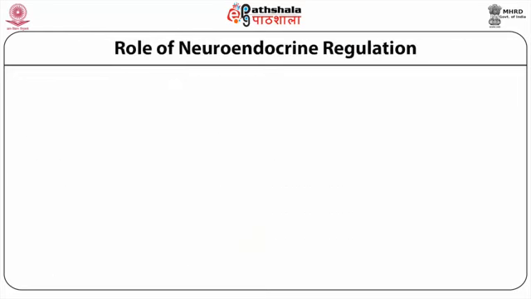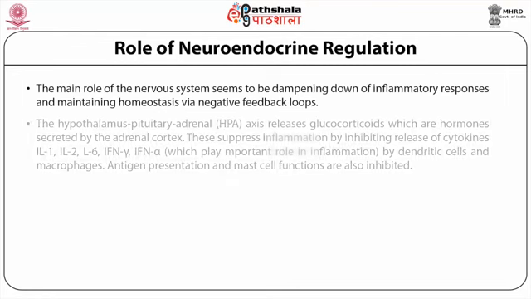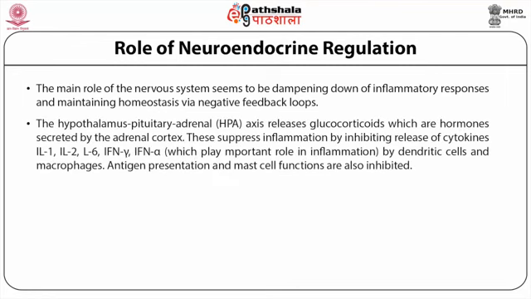The neuroendocrine regulation also plays an important role. The main role of the nervous system seems to be dampening down of inflammatory responses and maintaining homeostasis via negative feedback loops. The hypothalamus pituitary adrenal axis releases glucocorticoids, which are hormones secreted by the adrenal cortex.